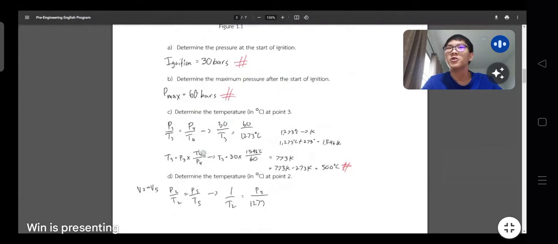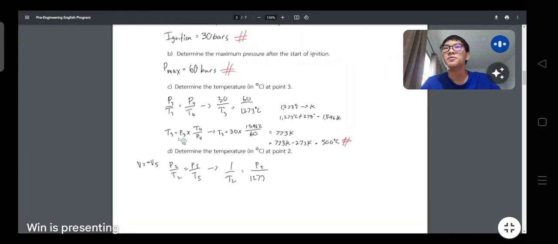Since the volume is the same, we will use P3 over T3 equals P4 over T4. Put the numbers together, and since the Celsius has to be converted to Kelvin, we have to plus 273. So that will equal 1546 Kelvin.